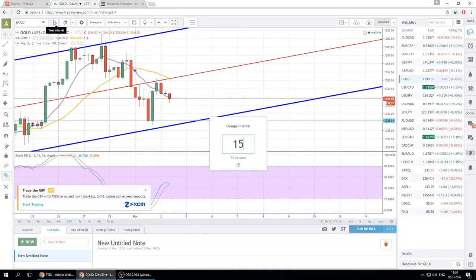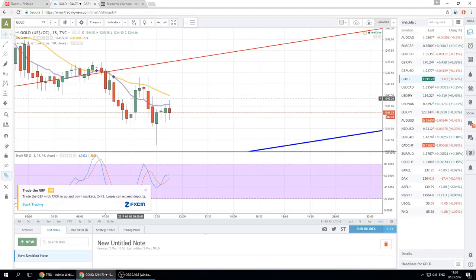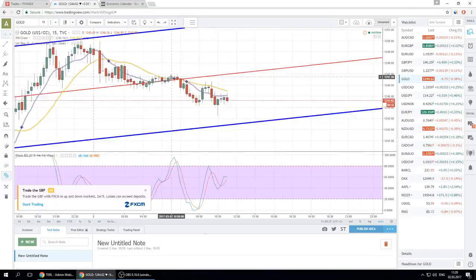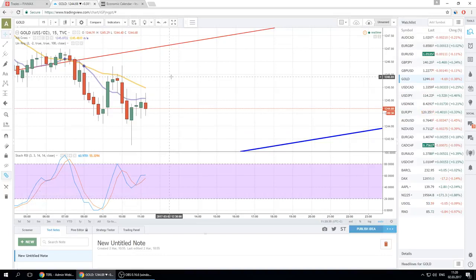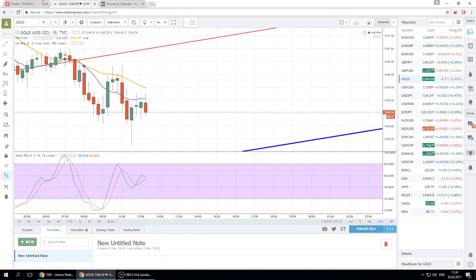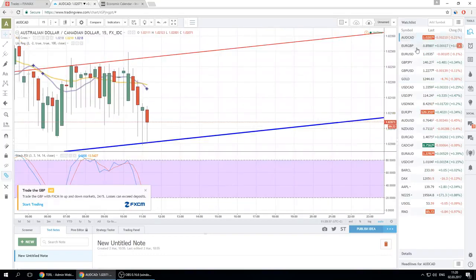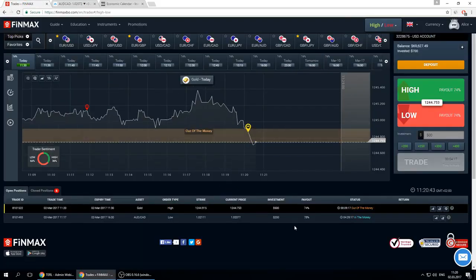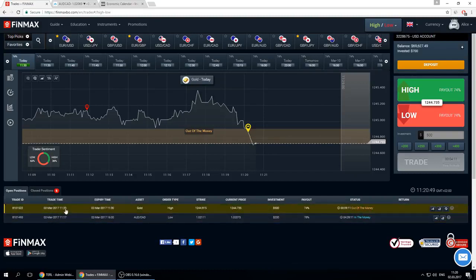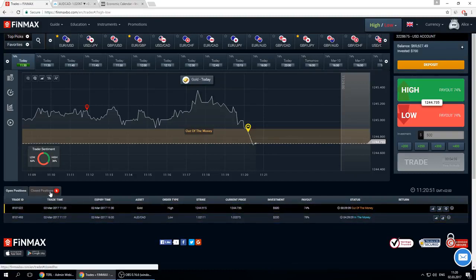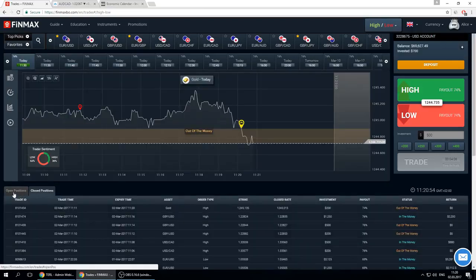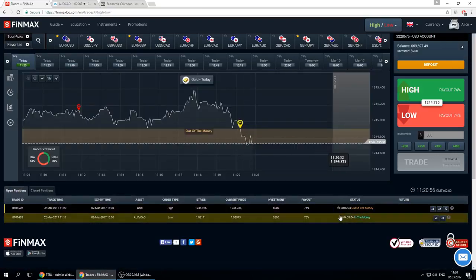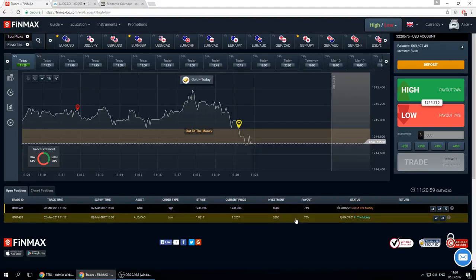Then for our ranges, okay, what we see here. So we have one open trade for gold, the second step, because it expired. Oh, I should have opened the third step. No, everything is good. So the second step, the previous one expired out of money.